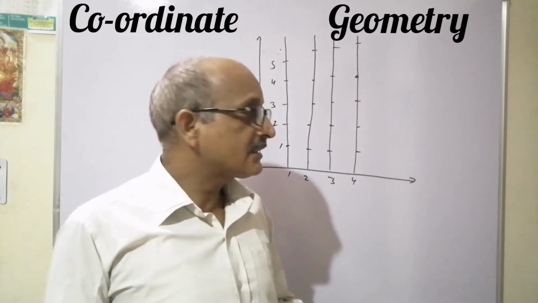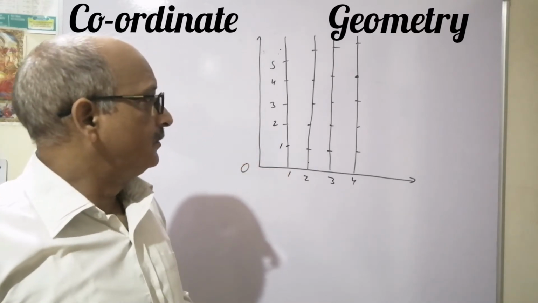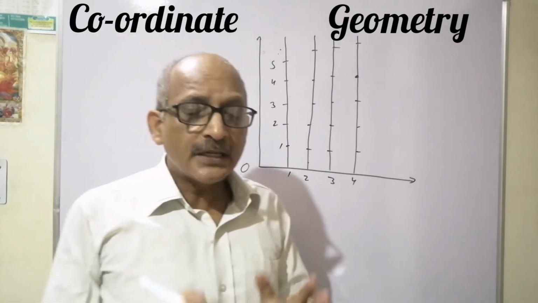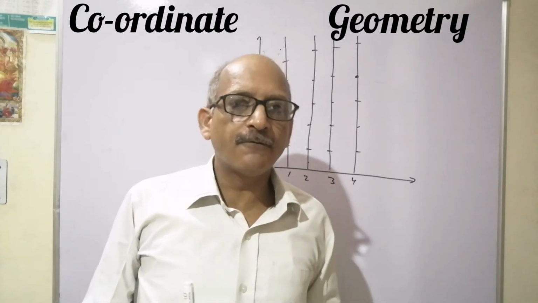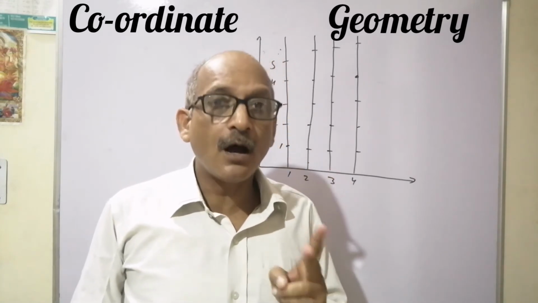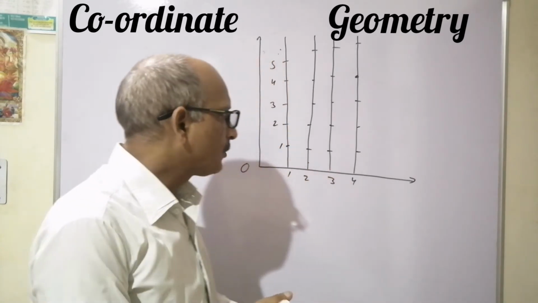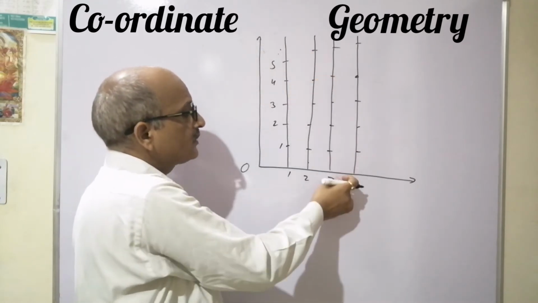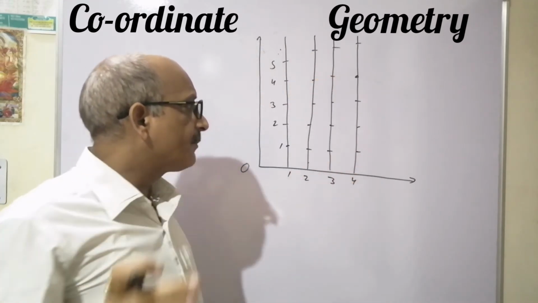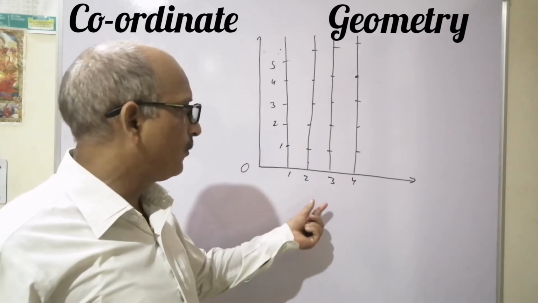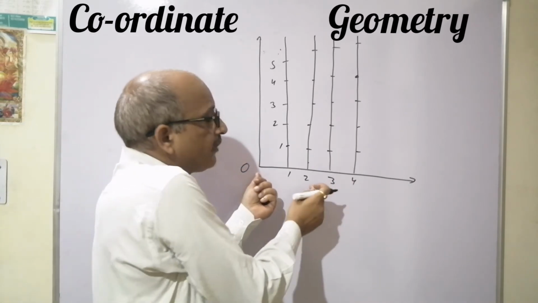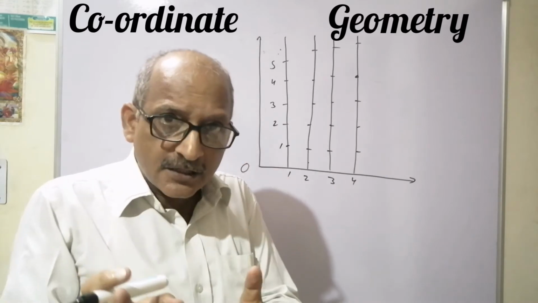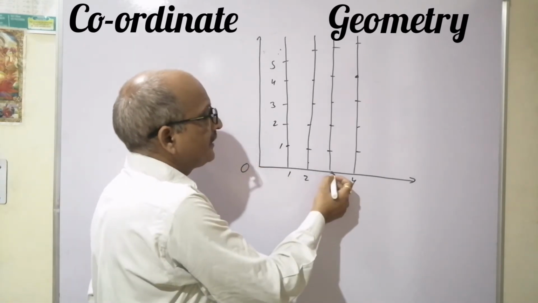If you tell somebody to go to street number 3 and house number 4, they will go in this way. Street number 1 is this, then street number 2, 3. First we reach street number 3, so 1, 2, 3 we reach here.